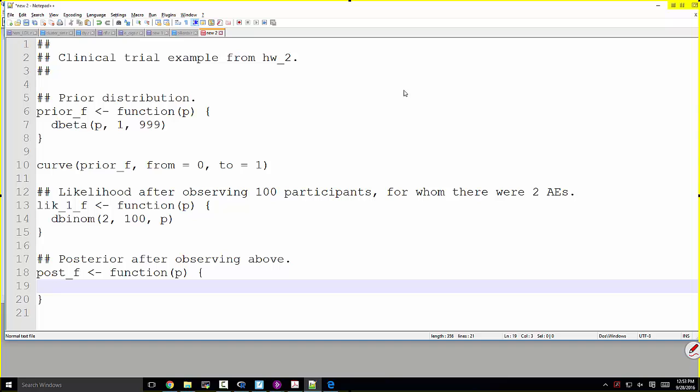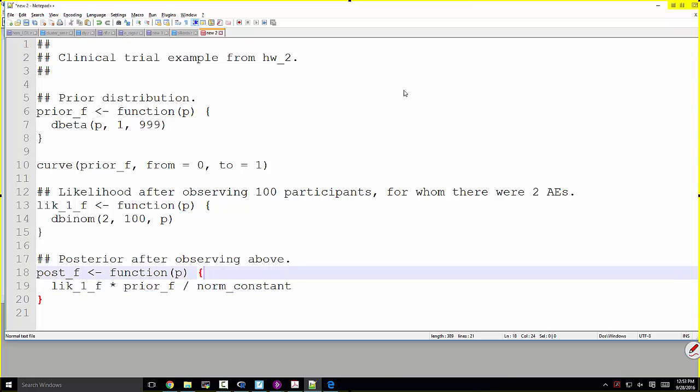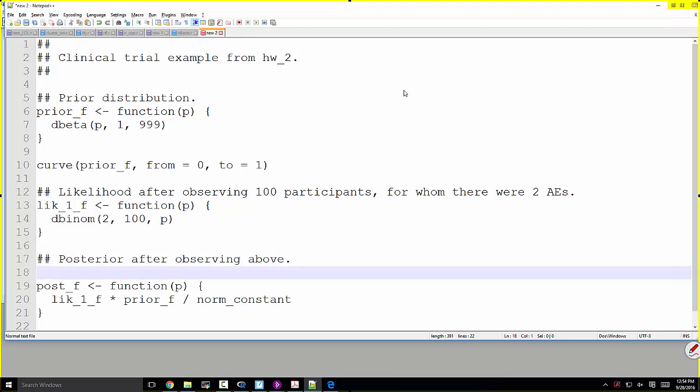And the way we define it is a likelihood times a prior divided by a normalizing constant. I'll say norm constant. Where normalizing constant is the integral of likelihood times prior. I can define that here.